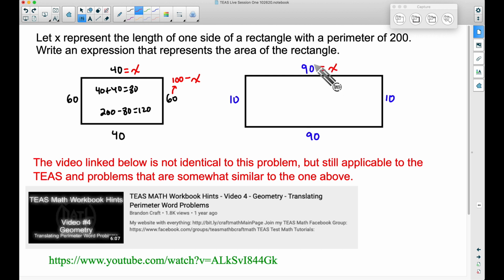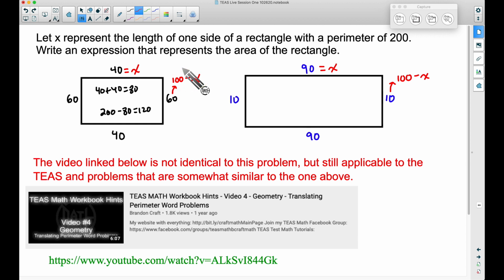If x is 90, we take 100 and subtract whatever that x value is, 100 minus 90, we get 10. Now we're bringing in the algebra. So we have a length of x and a width of 100 minus x.